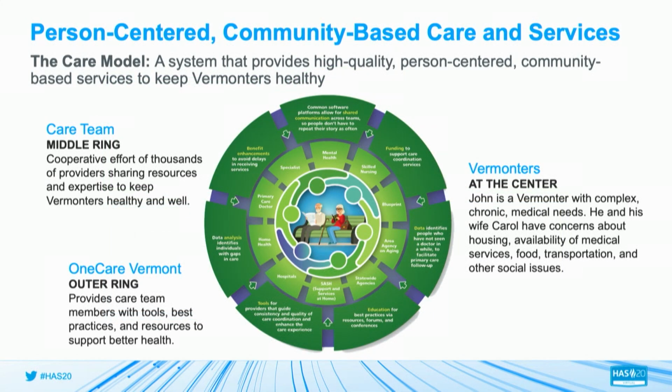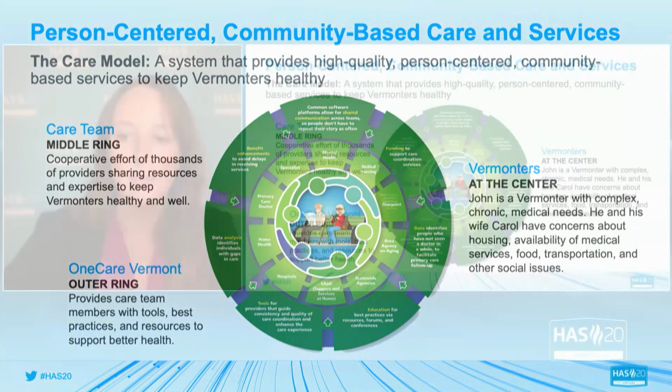So those prioritized patients become the center of this person-centered community-based model. So you can see in this visual, those patients right at the center, surrounded by their care team, the core of really any care coordination program. But surrounding that care team is a lot of robust data and support that's coming from the ACO. So we have self-service tools that can allow providers to get insight into their patient panels, like I already mentioned.